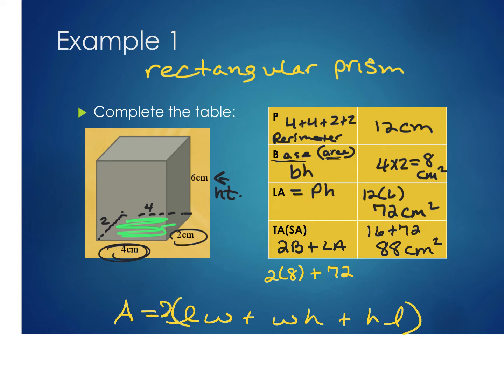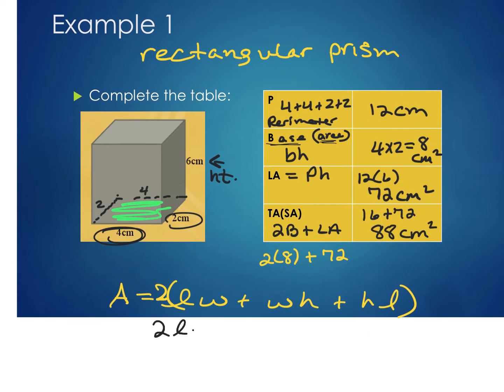So it could be 2 times the length times the width plus 2 times the width times the height plus 2 times the height times the length. This is probably how you learned it in middle school. Again, you can resort to that if you see something like this on a standardized test.